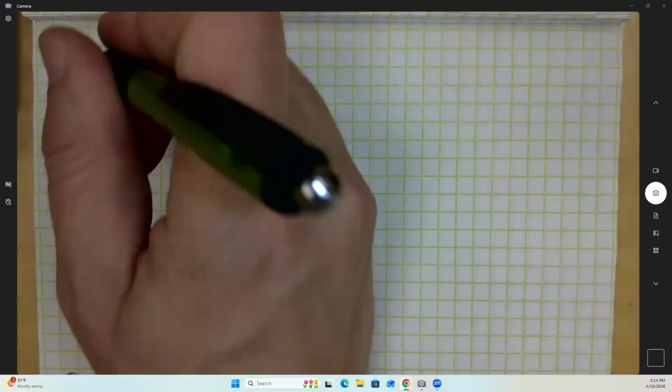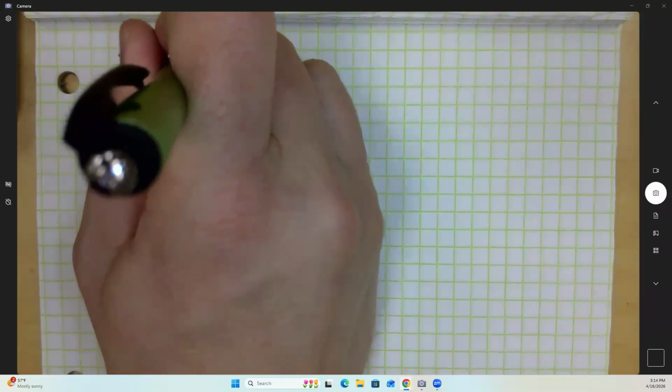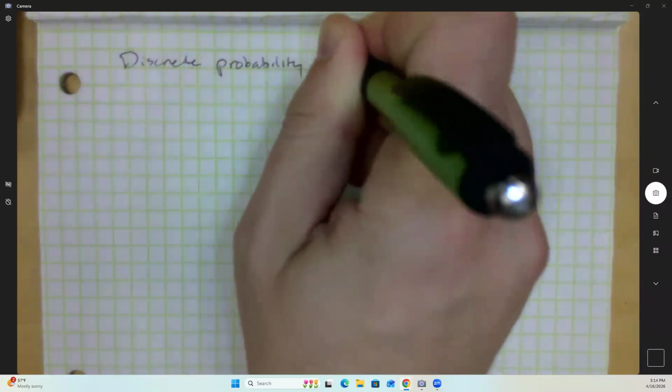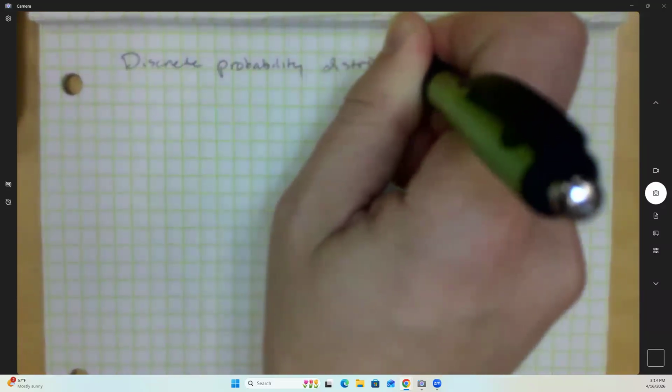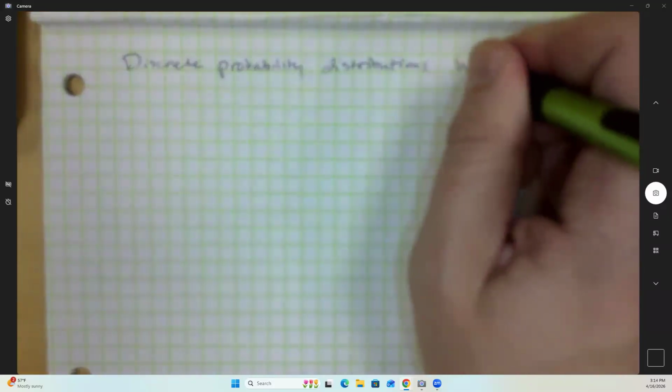Discrete probability distributions, they also have standard deviations.